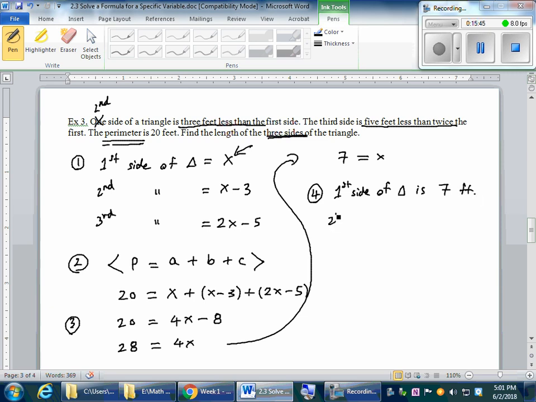The second side of the triangle is represented by x minus 3, so 7 minus 3 will give me 4 feet. And the third side of the triangle is represented by this expression, so we're going to compute that. 2 times 7 minus 5, which is 14 minus 5, that gives us 9. So this will be my final answer.